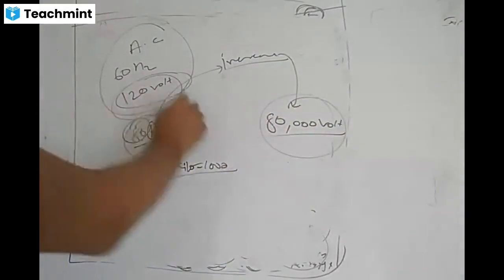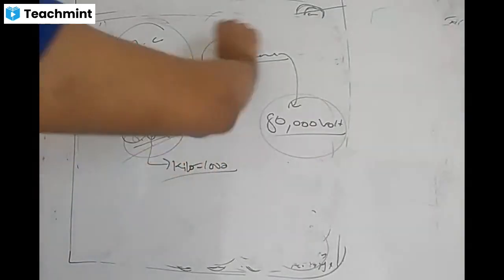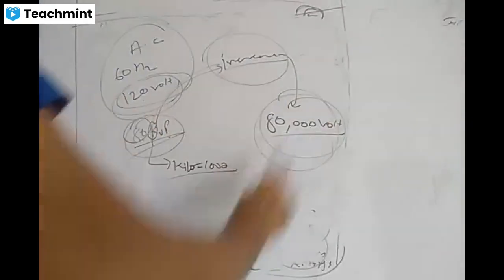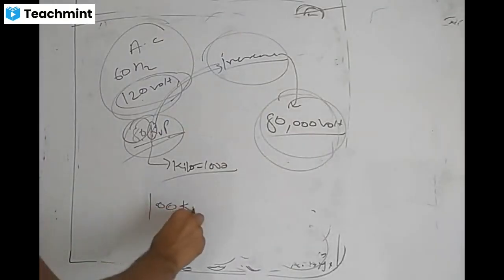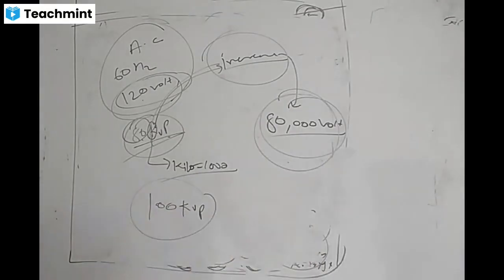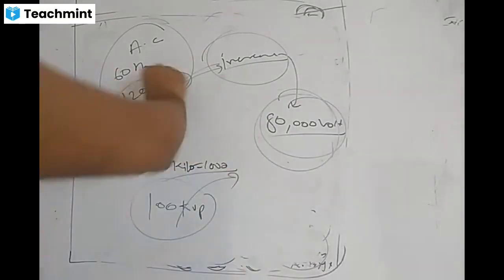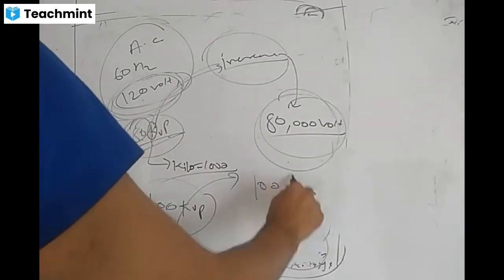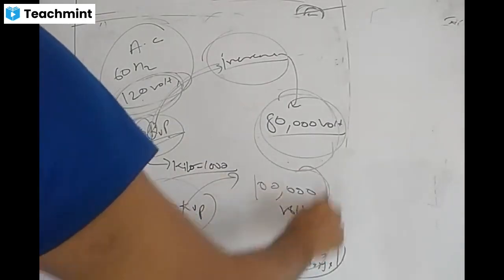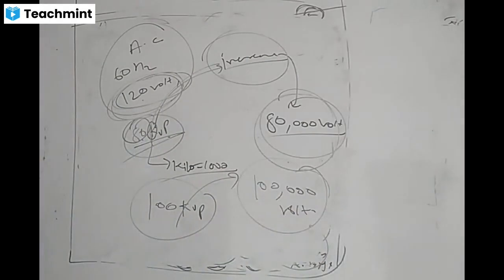So this 120 volt current is increased to 80,000. Another example, 100 kVp. 100 kVp means we increase this voltage 1 lakh times, 1 lakh volt.